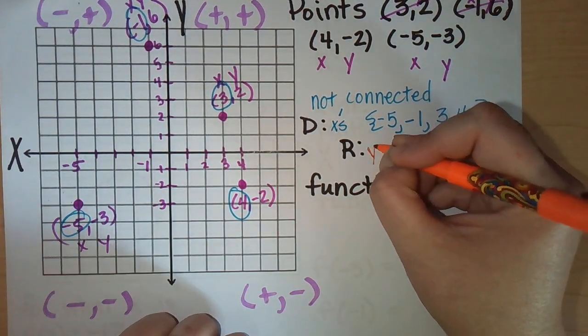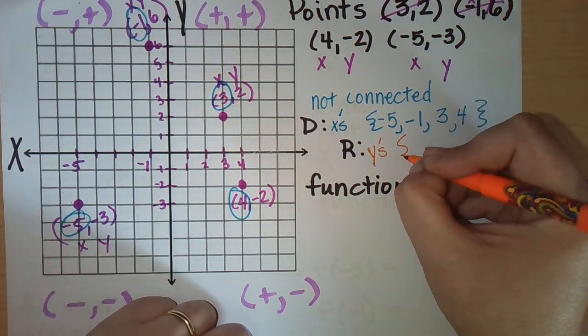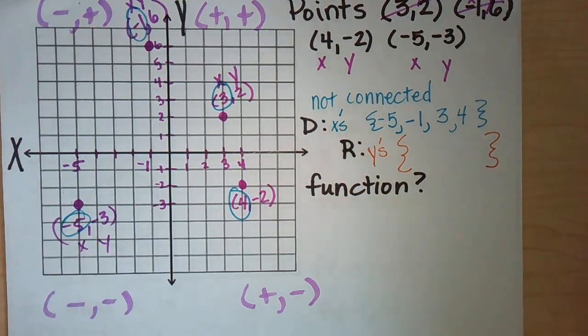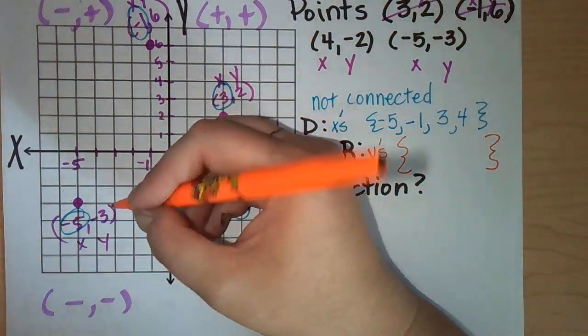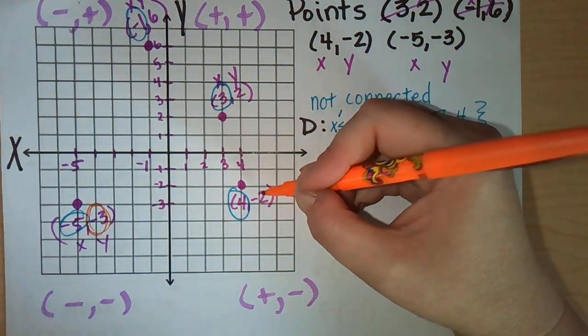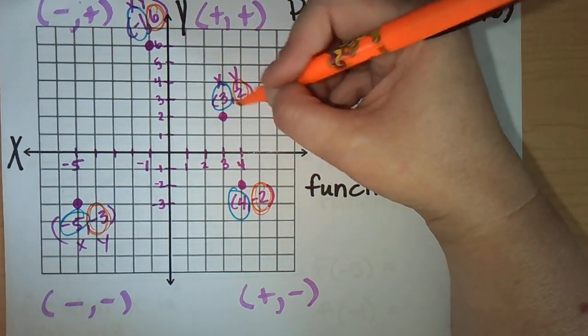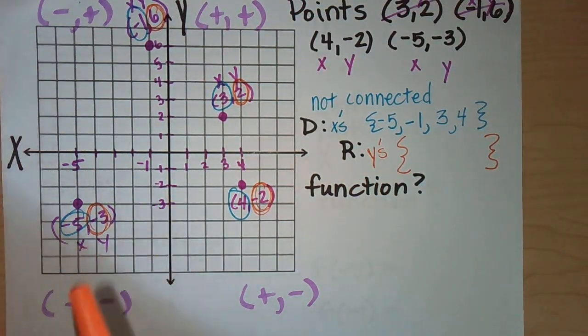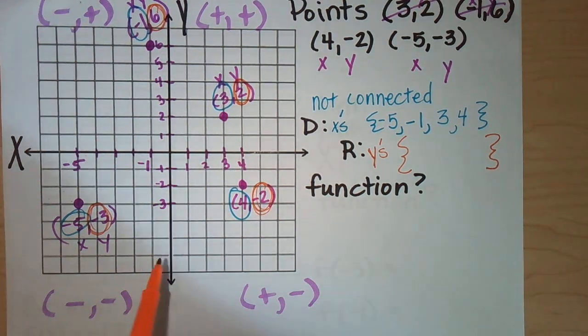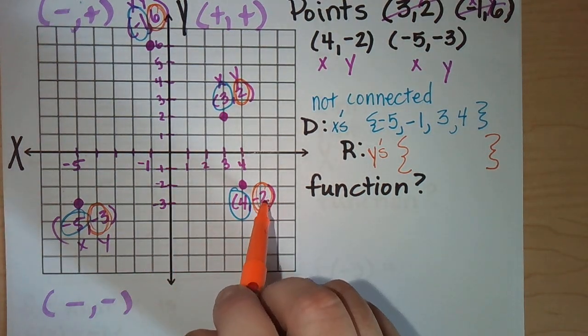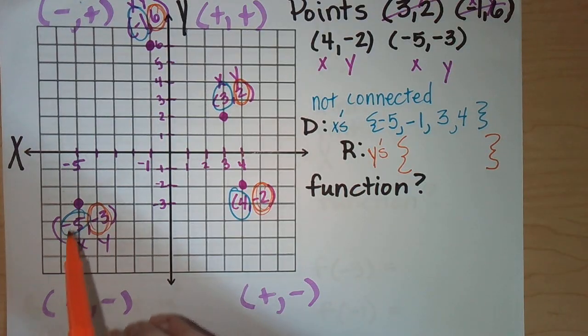Range. Range is y's. We're still going to start with the squiggle. Okay, our y's are negative 3, negative 2, 6, and 2. But we have to do them smallest to biggest, or bottoms up. So the bottom y value is not this negative 2, because this other guy was even lower.